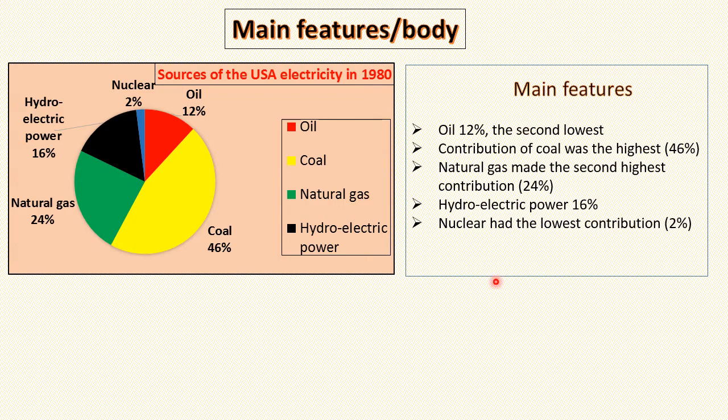So these are the main features, and we can write the body developing the main features or the main points. We can write the body of the answer in this way.